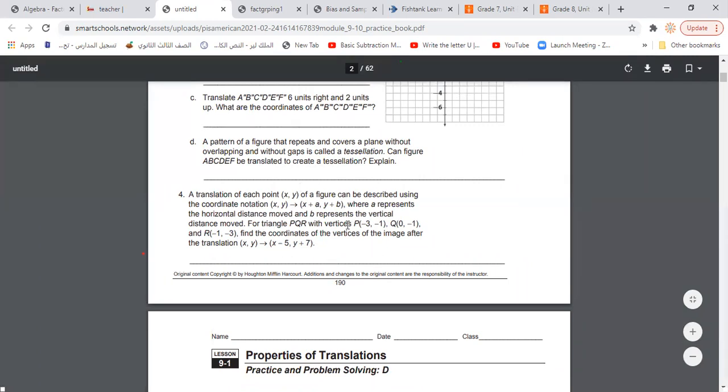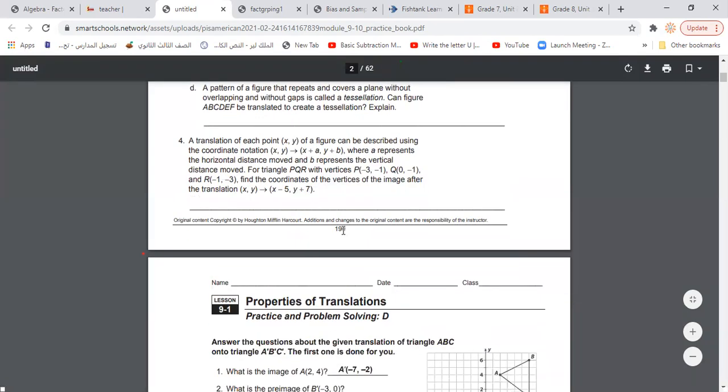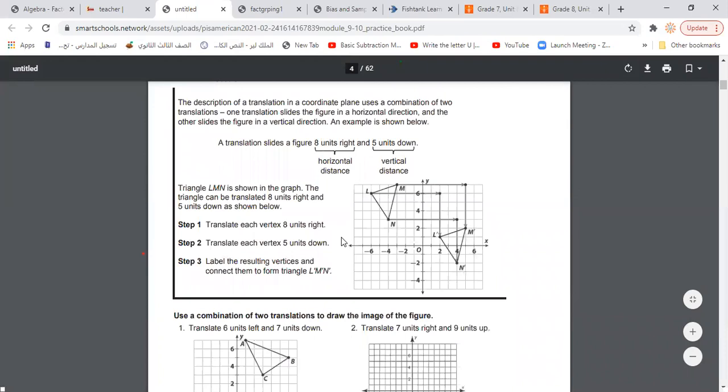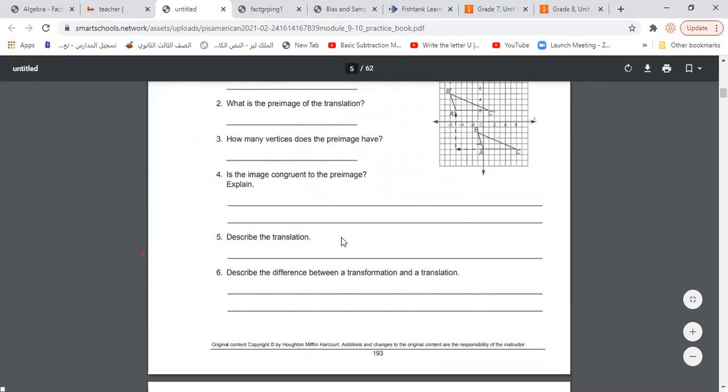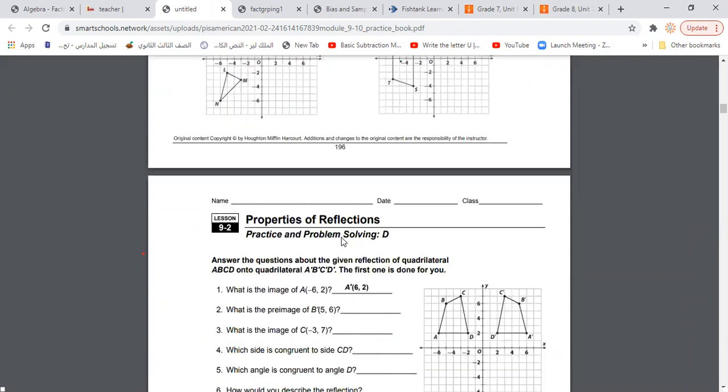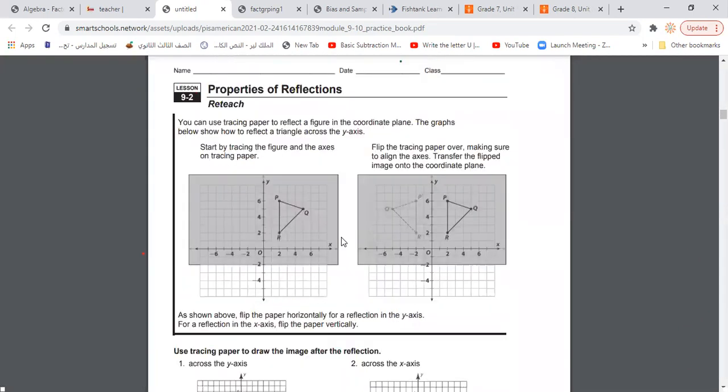So we can use the rule to find the image for each point. Here, according to the properties of translation, properties of reflection, properties of dilation, all the lessons which we studied in chapter 9, you will find it here.